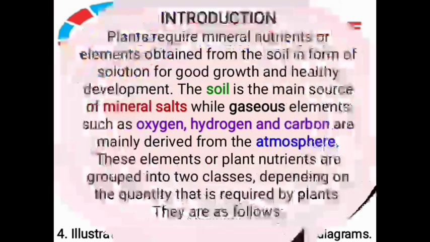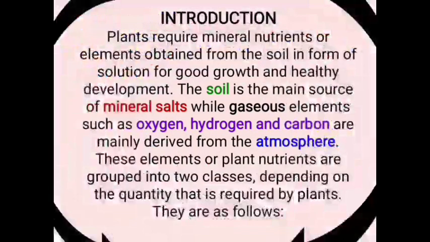All right, so coming to mineral requirements of plants. Plants require mineral nutrients or elements obtained from the soil in the form of solution for good growth and healthy development. Now, these plants take these mineral elements from the soil by using their roots.